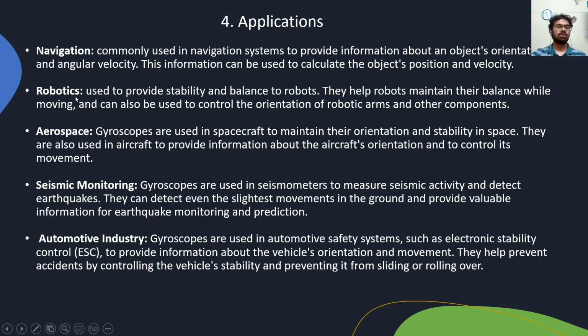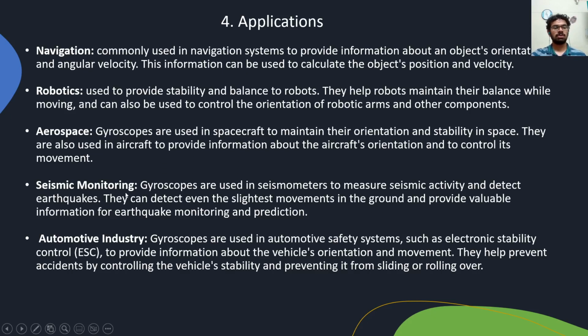The next is robotics. It is used in robotics to provide stability to the robots. It is also used to control the orientations of robotic arms in industries, etc. And in aerospace, it is an important component so that the pilot knows the orientation and can control its movement.